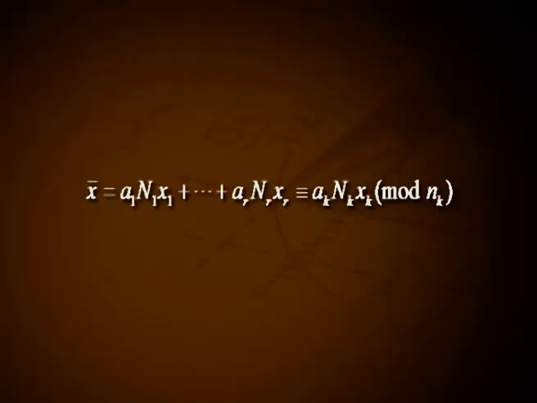First, observe that Ni ≡ 0 mod nk for i ≠ k because nk divides Ni. In this case, the result is x̄ = a1 N1 x1 + etc. + ar Nr xr ≡ ak Nk xk mod nk.